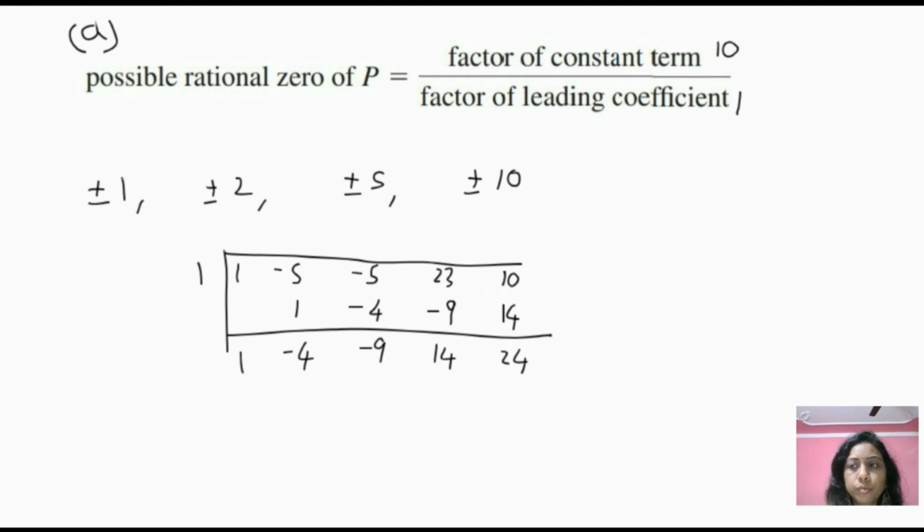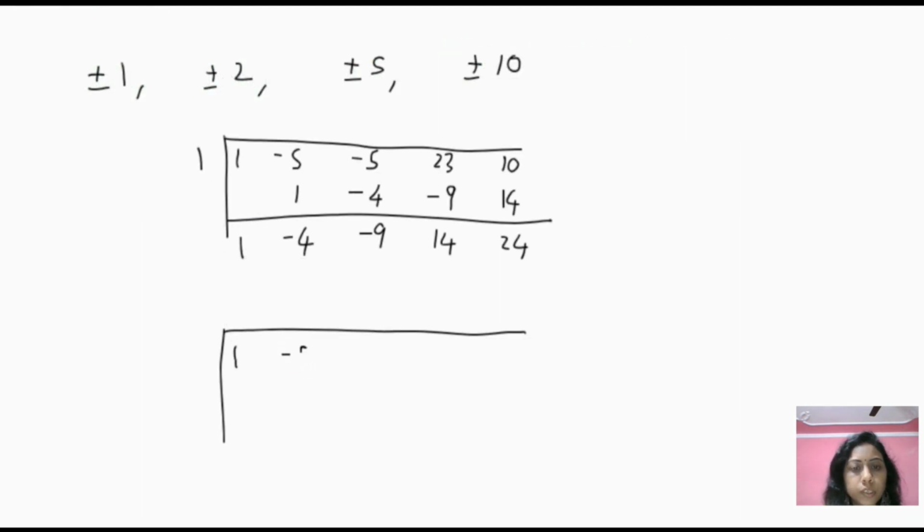Let's try with 2. Again write your coefficients and divide by 2. Okay, so here bring down 1. 1 times 2, 2. Minus 5 plus 2, minus 3.